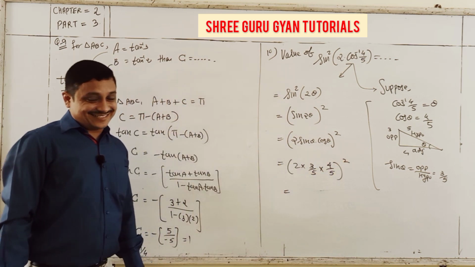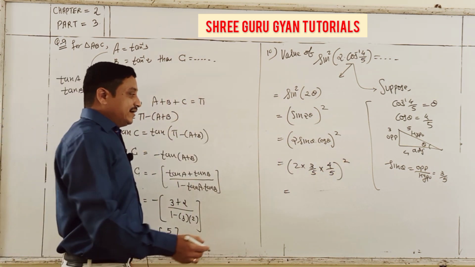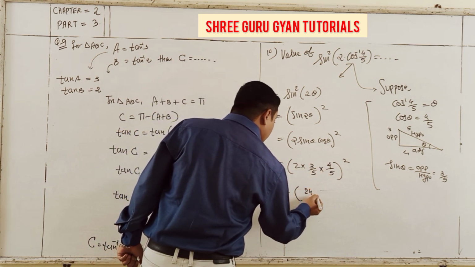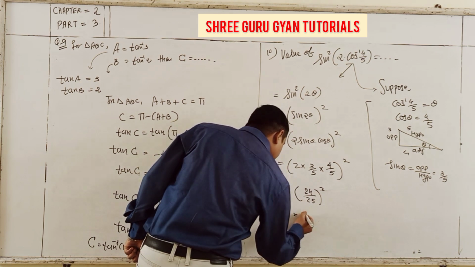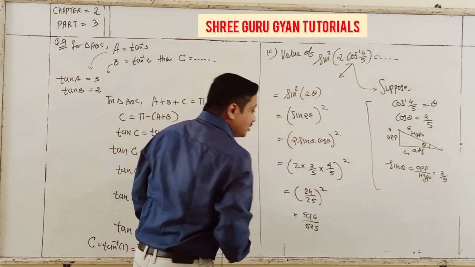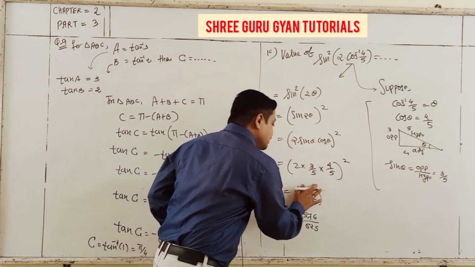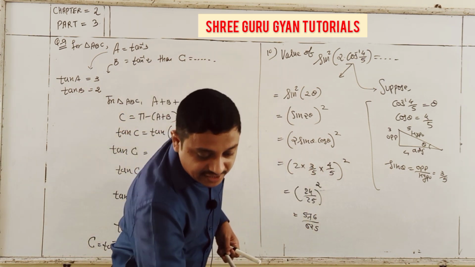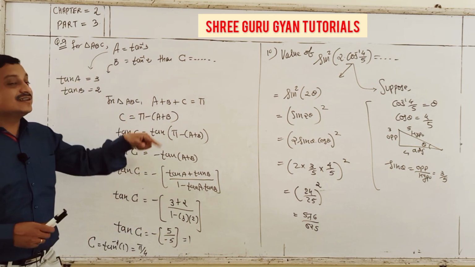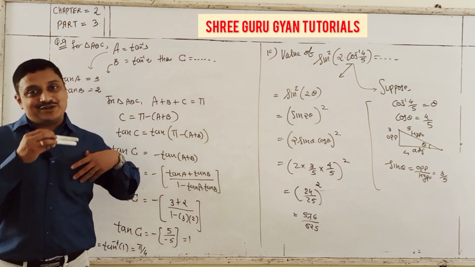Square as it is. Now calculate: 3 2s are 6, 6 4s are 24 by 25. It means 576 by 625. That becomes your final answer. It is a square, huh, students? Just I check my answers. 576 by 625. Yes, students, here our 10 questions are over.